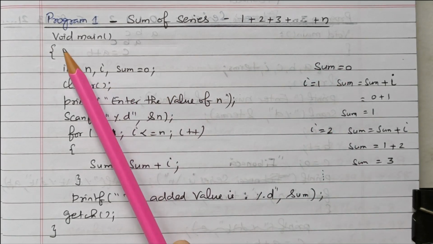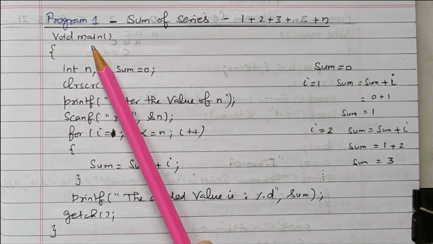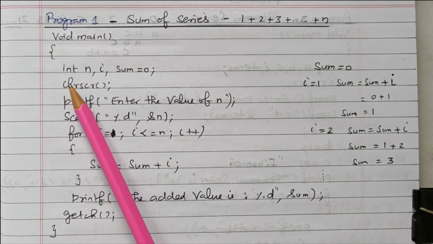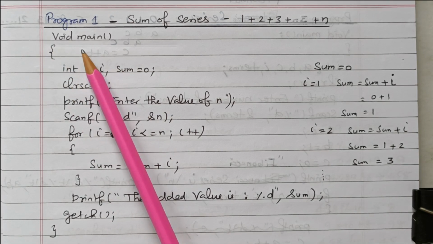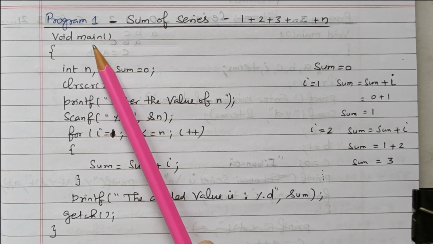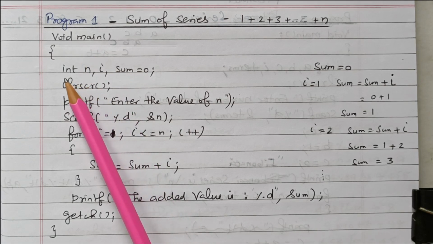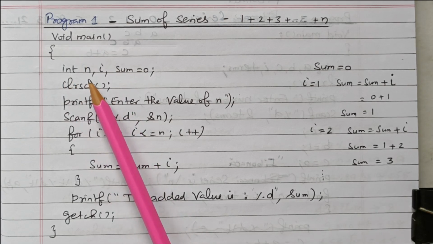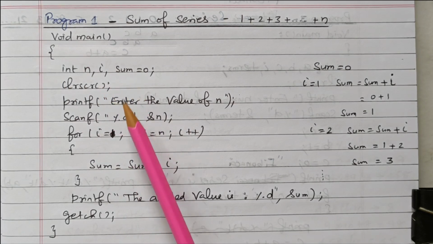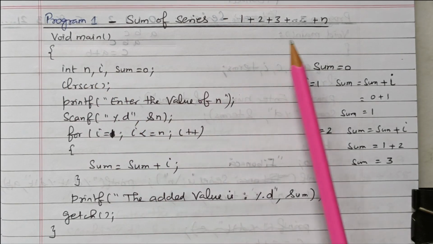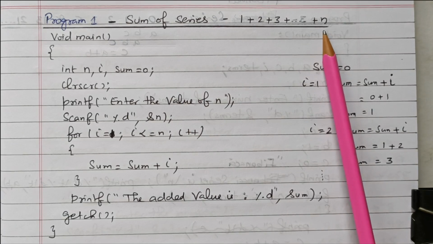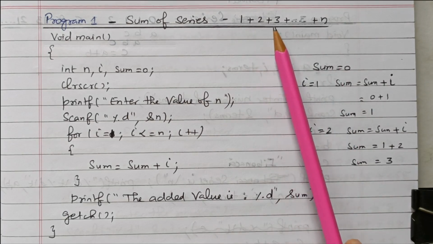Now we'll open the main program, void main, open the braces. The header files we can include by default are stdio.h and conio.h. Then we'll declare the variables: integer n, i, sum. The n is nothing but the maximum value in the series, starting from 1 and going up to n.